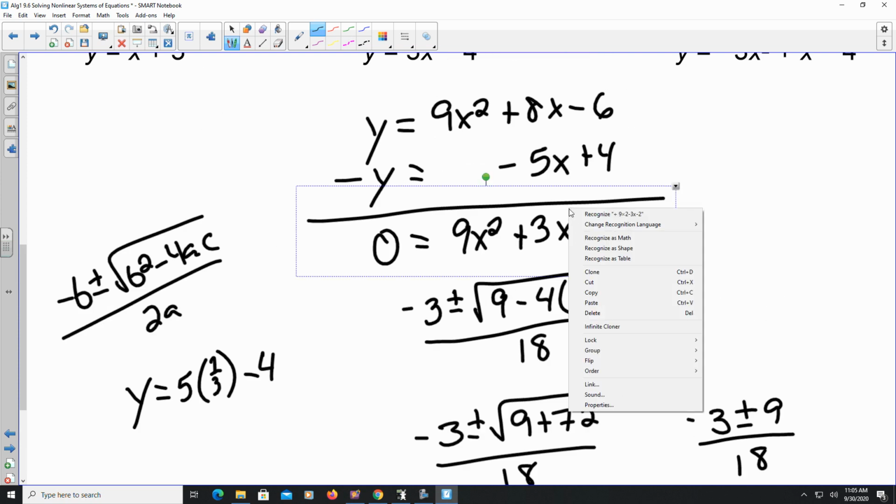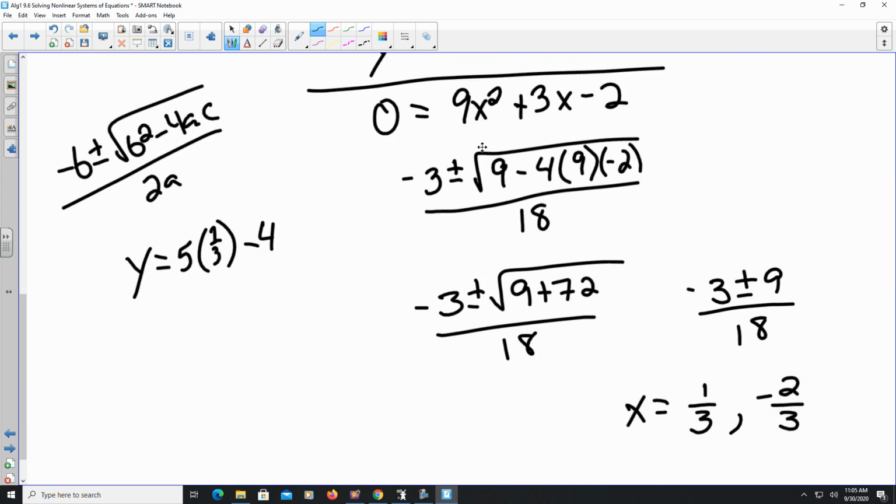Is that what I said? Yep. So this is going to be 5/3 minus 4. Y is negative 7/3 when you add it up. So my first solution is 1/3 comma negative 7/3.